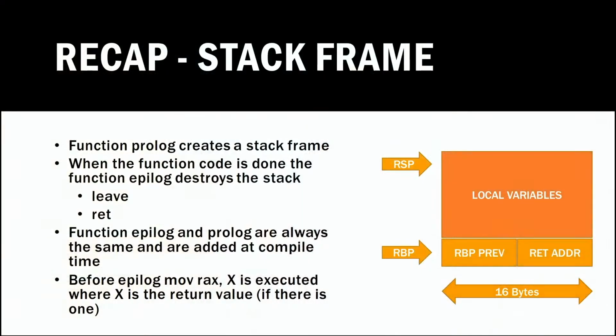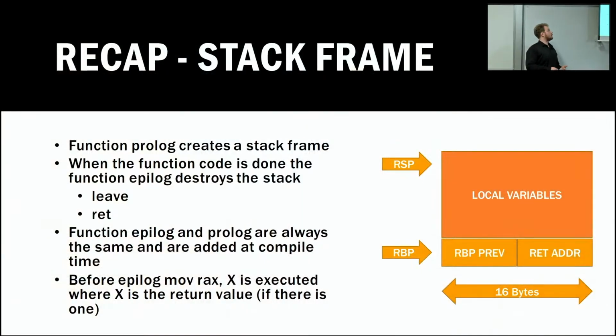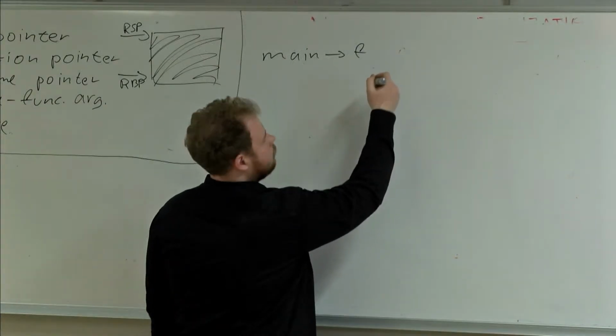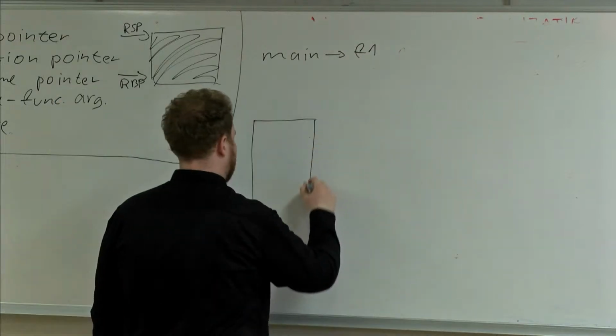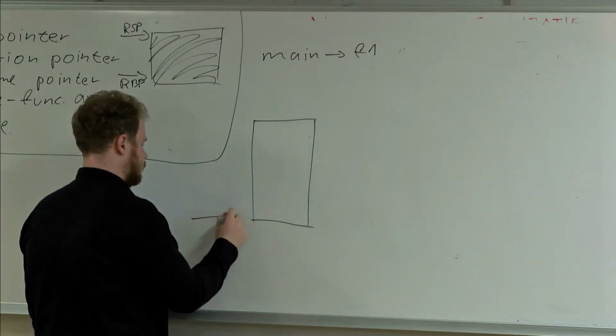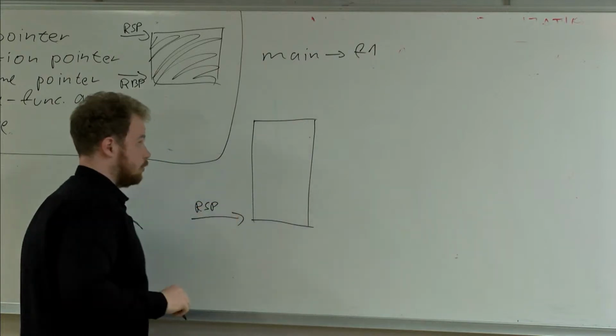Okay, so the last time we also talked a lot about stack frames and what they are. I already hinted at how the stack frame looks in the picture on the board. What you have to know about stack frames is that whenever a function is called, let's say we have main that calls function 1, the stack will look like this, and the stack pointer points here.